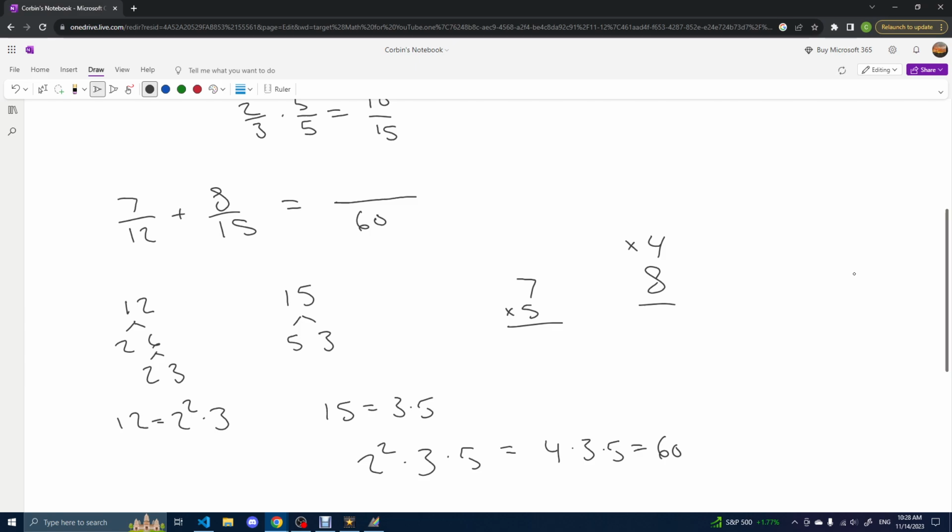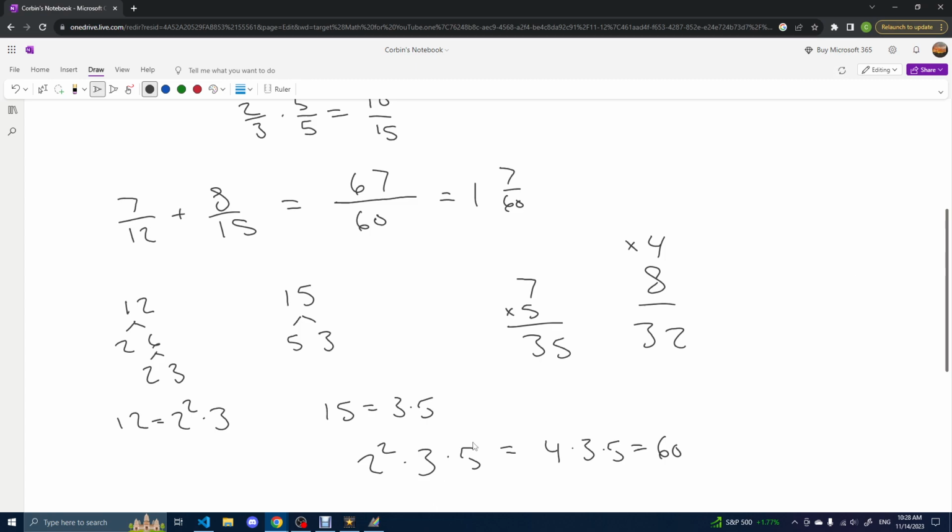And we know 7 times 5 is equal to 35, and 8 times 4 is equal to 32. And so now we can just add those, and then go ahead and simplify that. So this is 67 over 60, or 1 and 7/60.